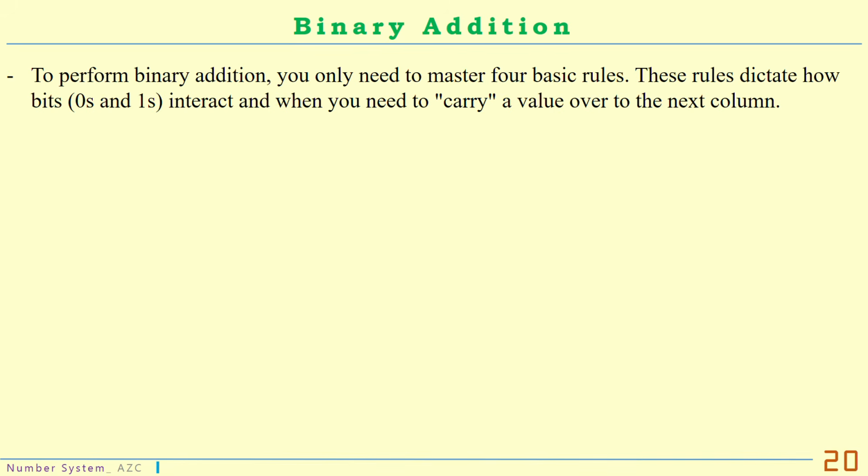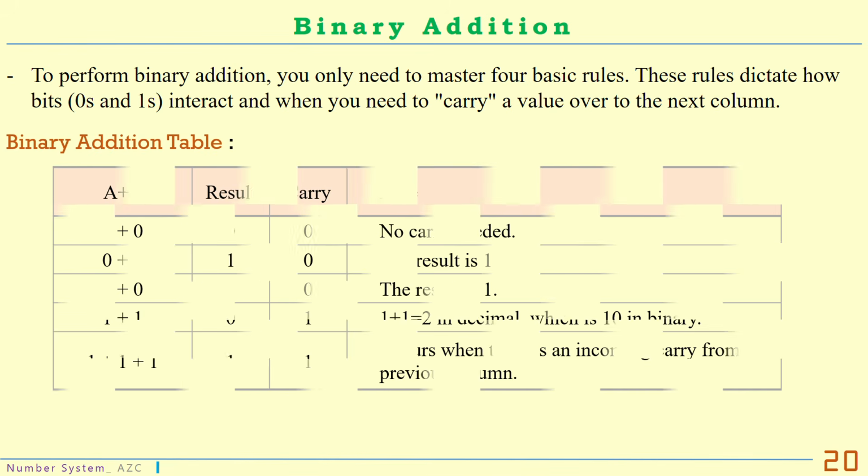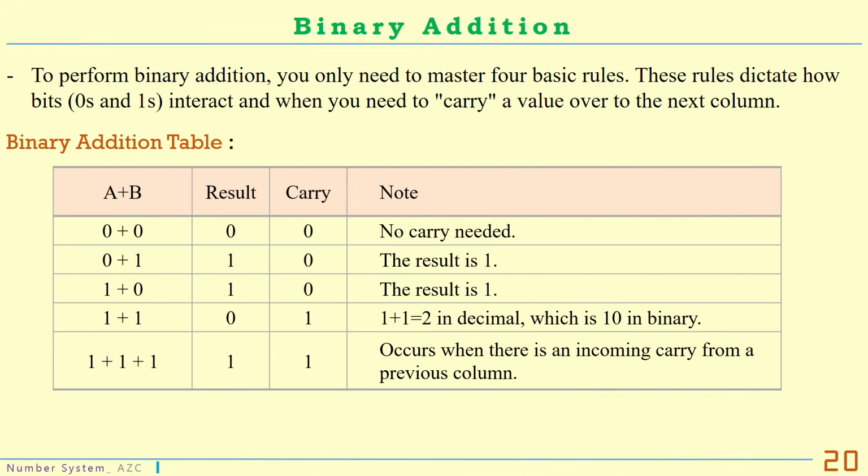To perform binary addition, you only need to master 4 basic rules. These rules dictate how bits 0 and 1 interact and when you need to carry a value over to the next column. Please note the binary addition table. 0 plus 0 result is 0 with no carry. 0 plus 1 result is 1 and carry 0. 1 plus 0 result is 1 and carry 0.